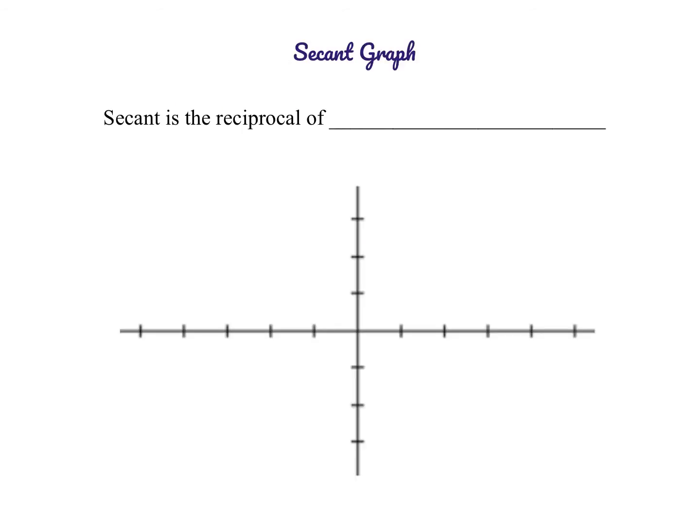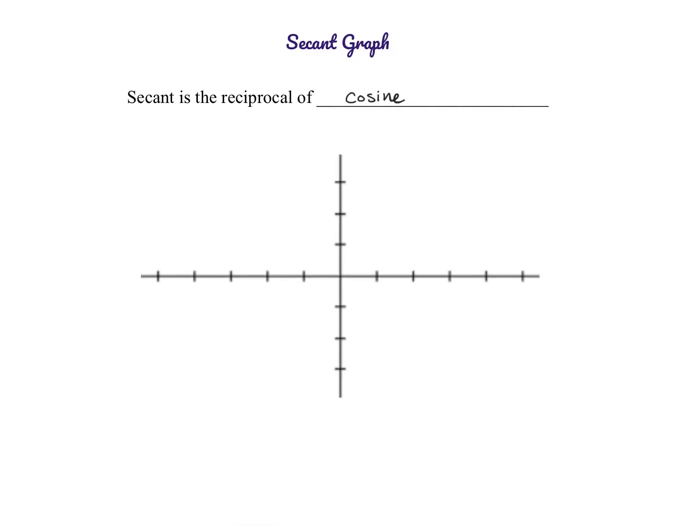All right, now let's try our secant graph. Secant is the reciprocal of cosine. We're going to follow the same process that we did with our sine graph. I'm going to start by giving ourselves a little guideline of our cosine graph, something like this.